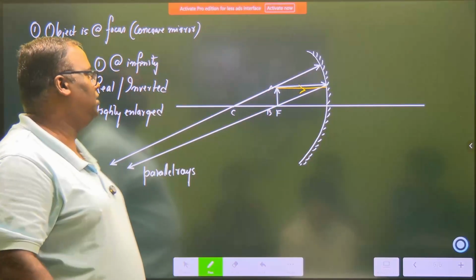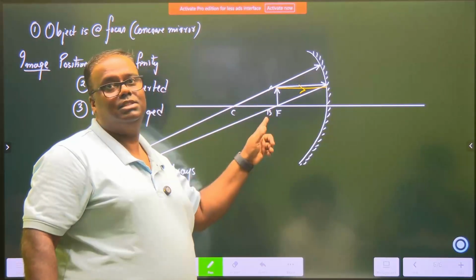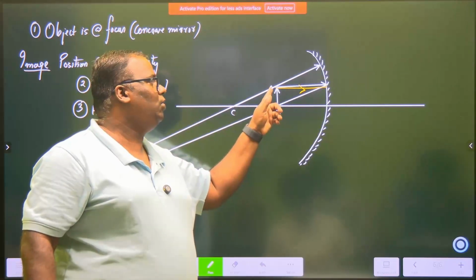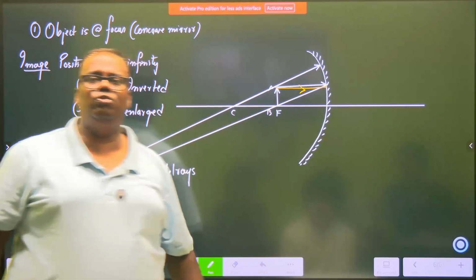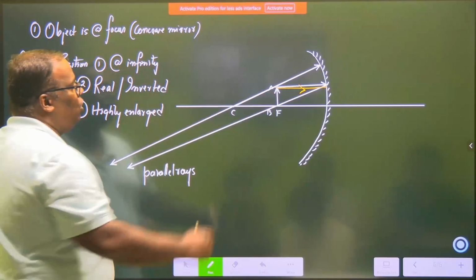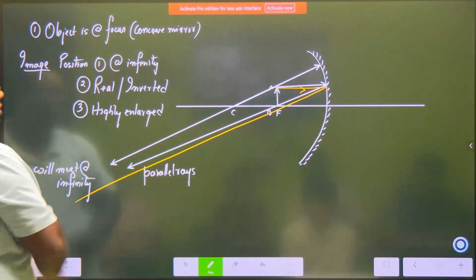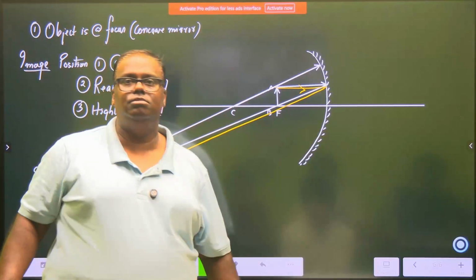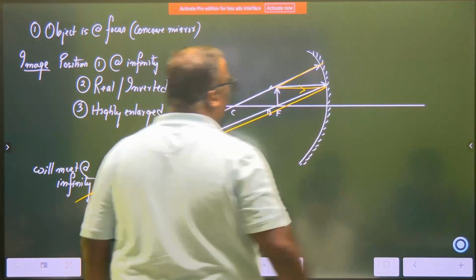Tell me, Anurag. The object was AB. The yellow ray originates from where? A or B? A. Is A the head of the object or the tail of the object? Head of the object. A ray which is coming out from the head of the object went below the principal axis. Are you fine so far? Okay. This particular ray has originated from the head or the tail?